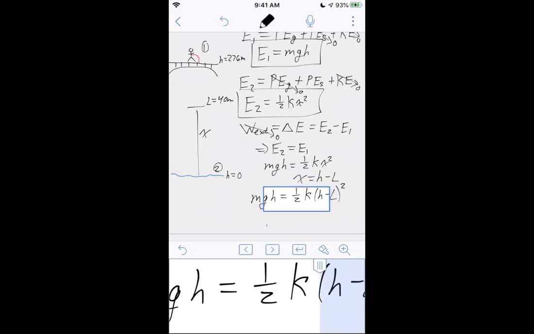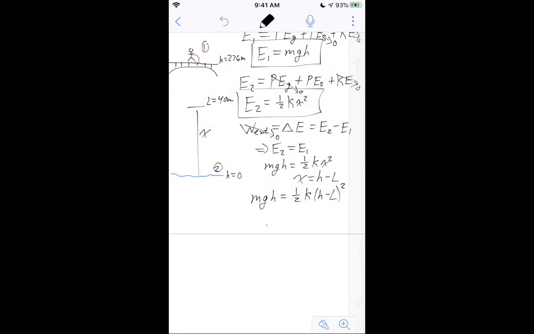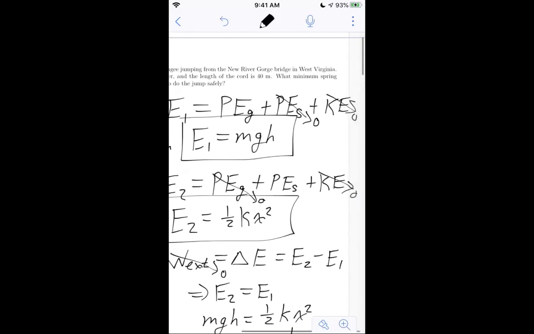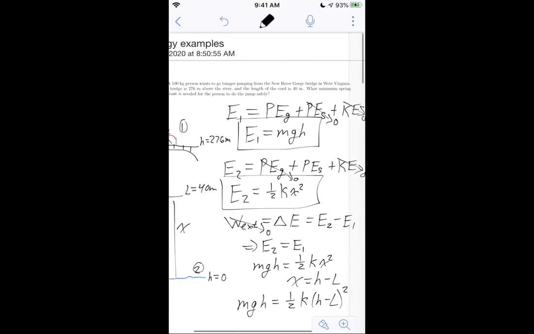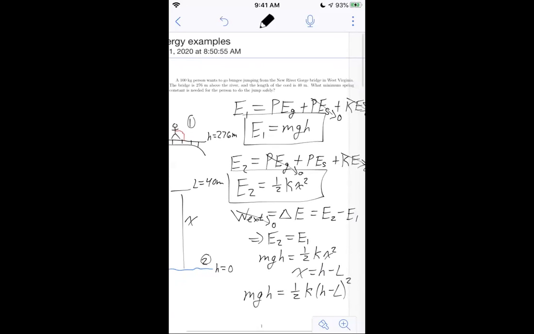So now in this equation, what am I trying to figure out? If we go back to the problem statement, it says, what is the minimum spring constant that's needed for the person to do the jump safely? Right, minimum spring constant. So we're trying to find the value of k that would let the person go all the way to the water, which is how we've set up our problem.